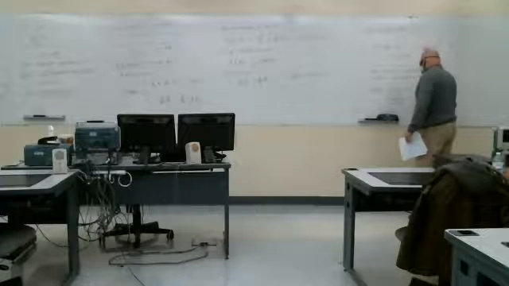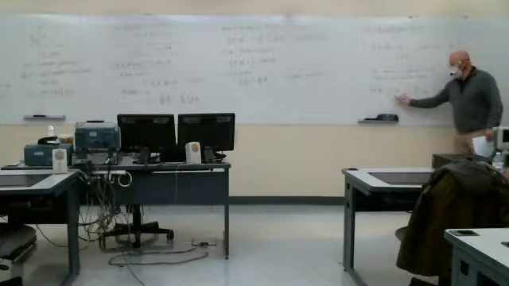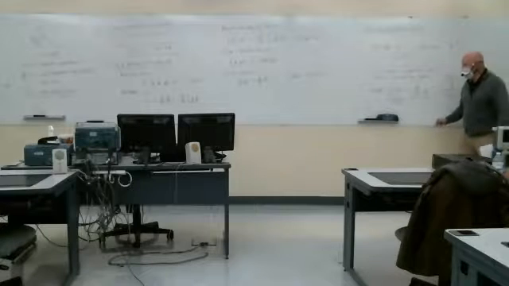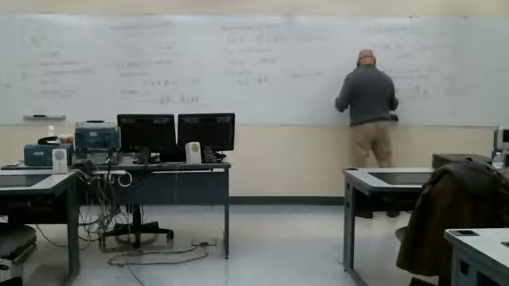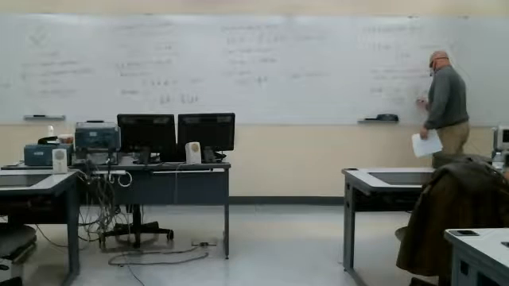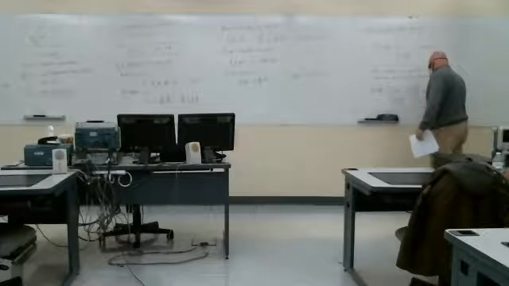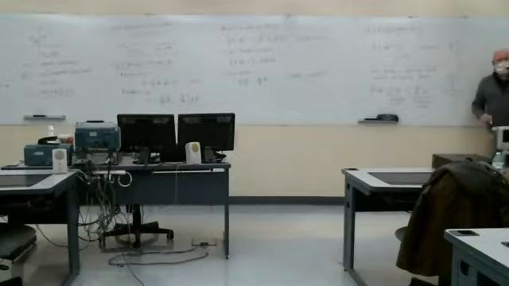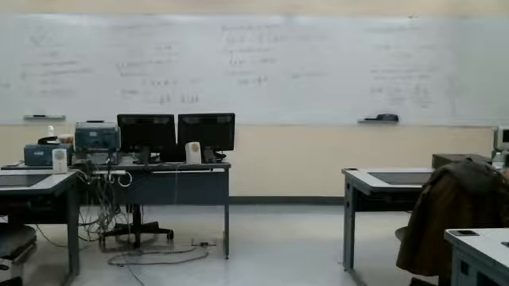Now, this term, because this is current and the integral of H dot dl is current, is called displacement current. And depending on who you talk to, someone might think that that is real current, or in my opinion, it's not a real current, at least not in the conventional sense, because there is no charge flowing through the surface here.